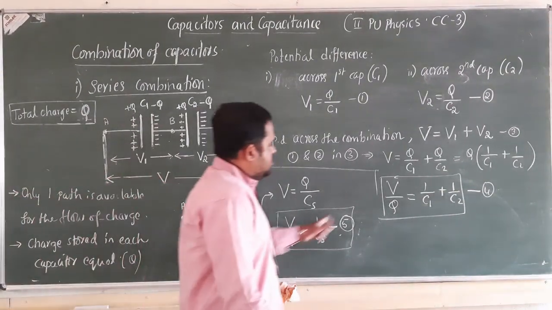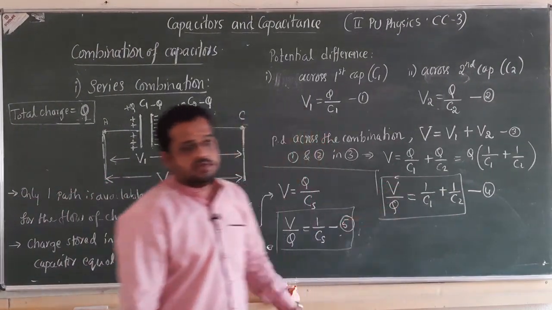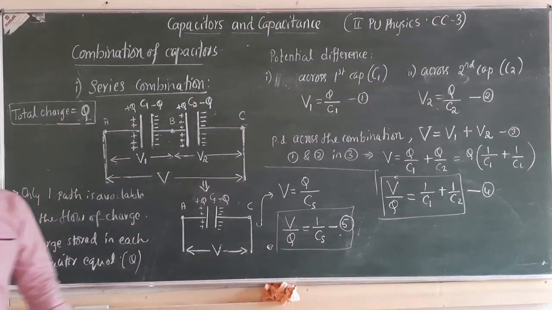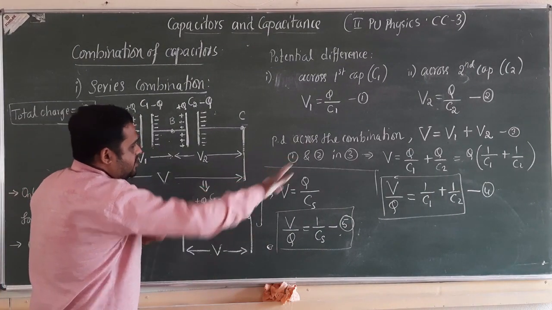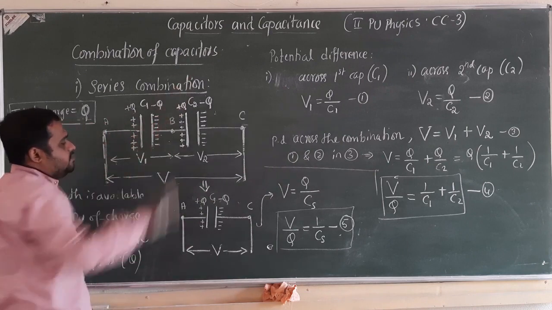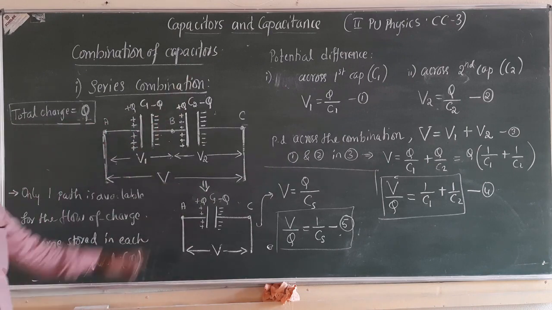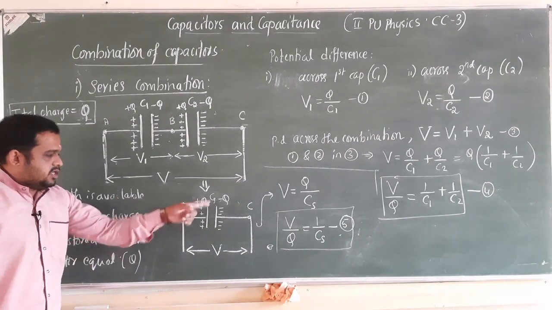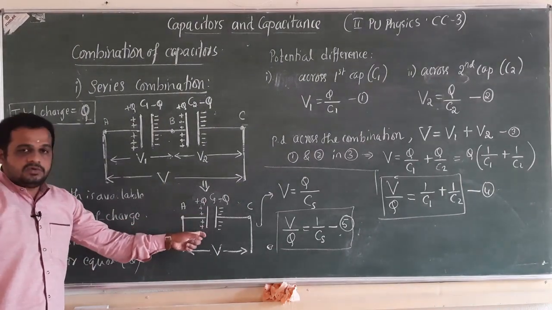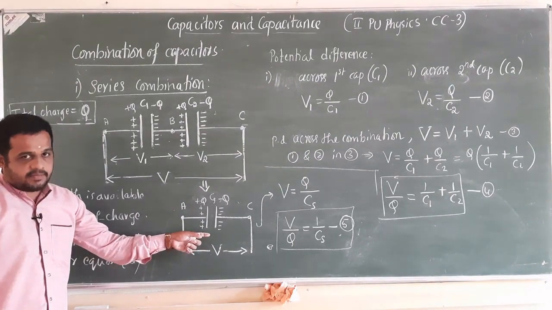Now, we have two equations, equation 4 and equation 5. In equation 4, we have a series combination of two capacitors connected across a V volt battery. Equation 5 is related to the equivalent capacitor.